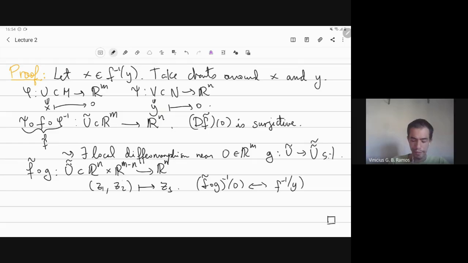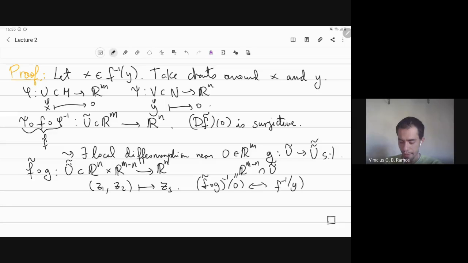This is actually just Rm minus n intersection with u tilde tilde. So we just have the slice, the subspace Rm minus n. That's kind of what I was referring to earlier. Okay? So this basically means that this correspondence here will give you the chart.